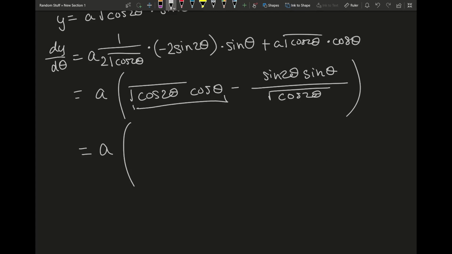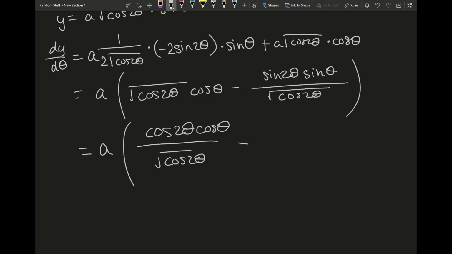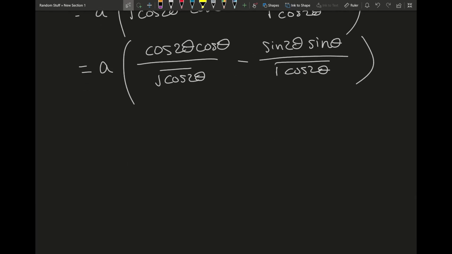We multiply the top and bottom, so cosine of 2 theta cosine of theta over this minus sine of 2 theta. And that is all equal to 0.